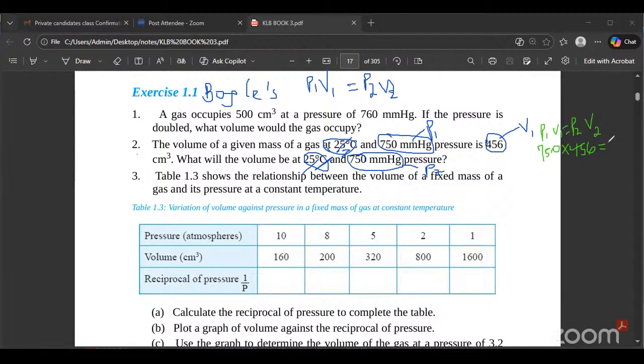Now we put 750 again, which is the pressure 2, and then you multiply by V2. Because we have an unknown on the second part of the equation, we divide to make the unknown the subject. So divide by 750 over 750.